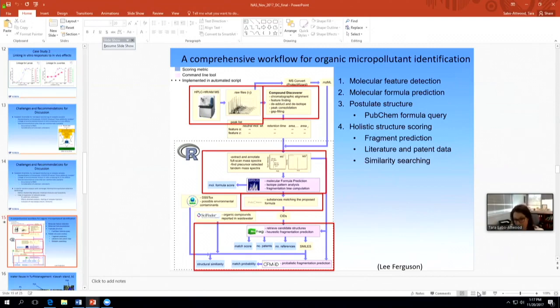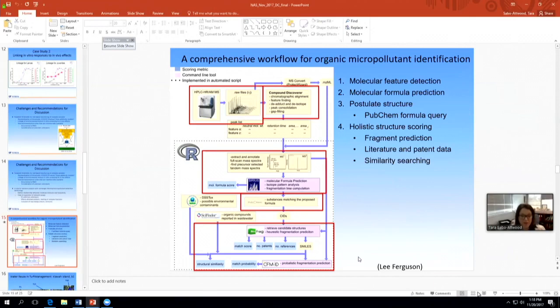I'm not going to go through all of these different iterations of how this works, but essentially you take mass spec raw data files and put them through a variety of different programs to be able to postulate structures. And so you're essentially doing in silico fragmentation to try to identify compounds in a complex mixture.